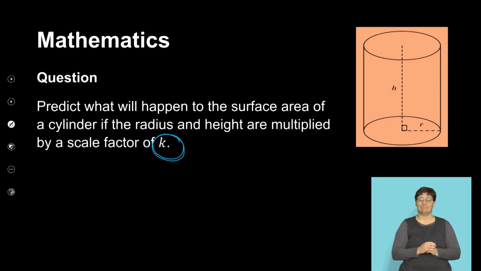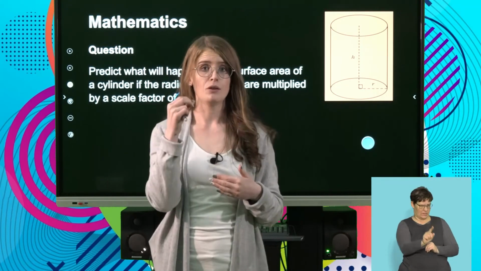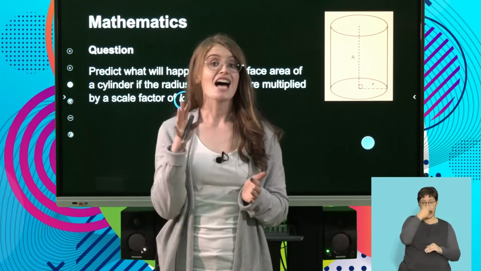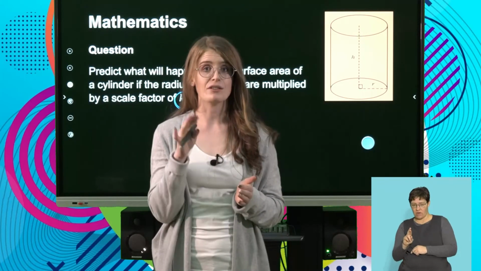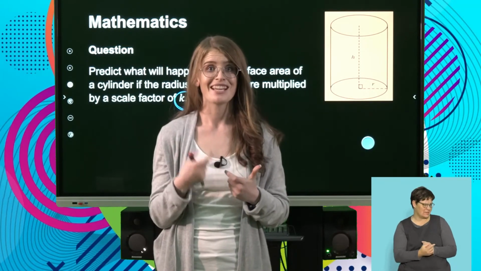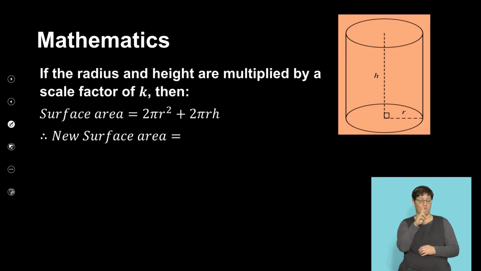So everyone, for this particular example, I'm going to ask what you think would happen if I multiplied the height as well as the radius by a scale factor of k. What do you think would happen? Let's go to the board. So if the radius and the height are multiplied by a scale factor of k, then my new radius will be kr because it's k times r, and my new height will be kh.